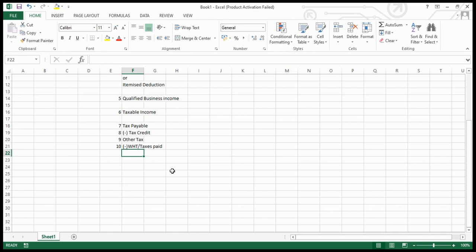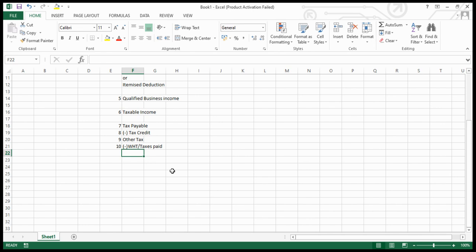So the format is very important, that's why I'm reiterating. You have to remember that format. Once you arrive at tax payable, you first take the tax credit deduction. Thereafter, you need to add the other taxes. Then you take the final amount, which comes as tax payable.